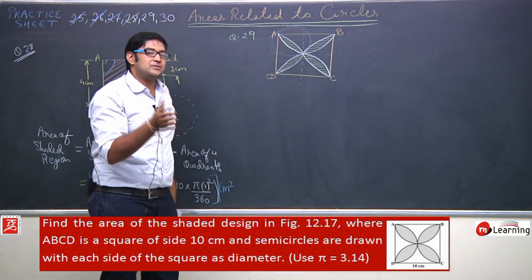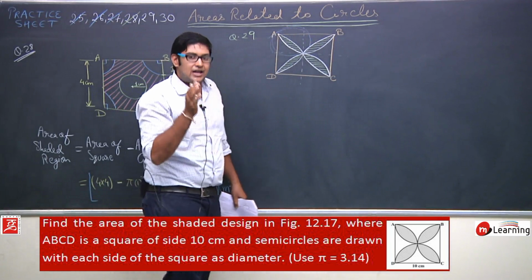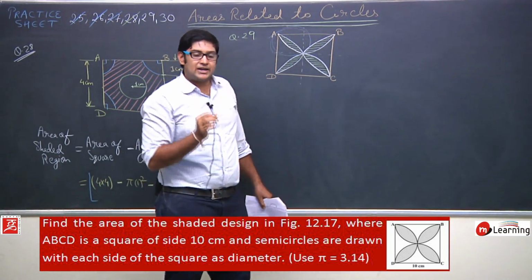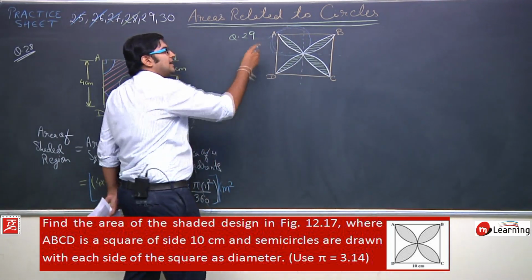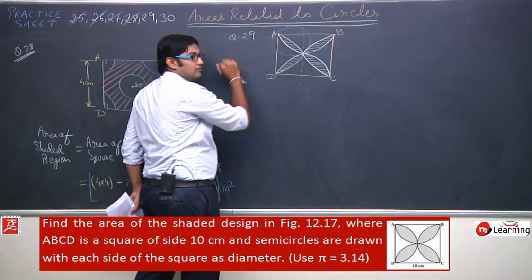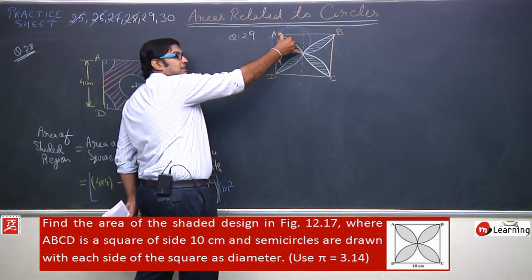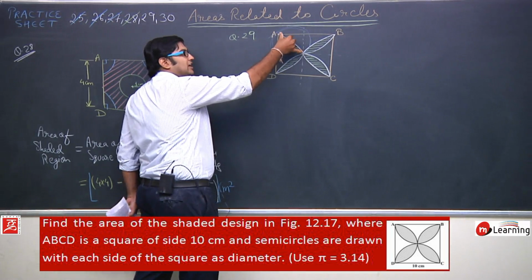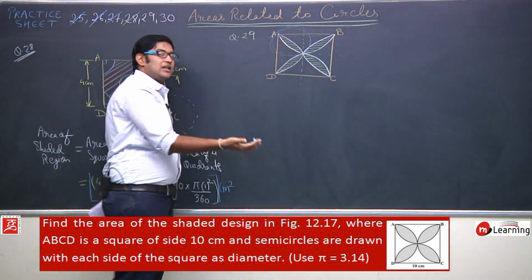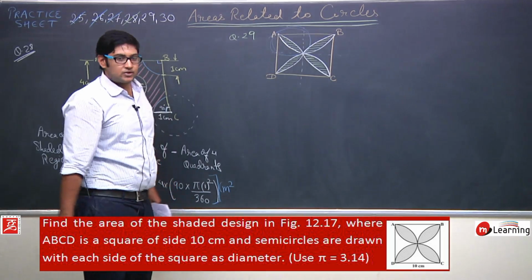So my approach will be such that I will try to deduce the area of any particular leaf. Let us say this leaf. First I will focus on this leaf, I will calculate the area of this leaf, and only then will I move further.